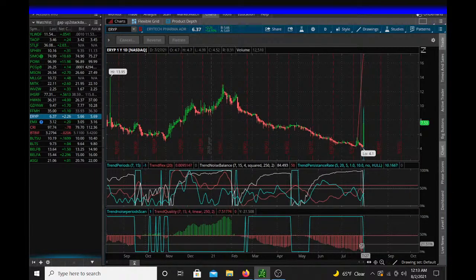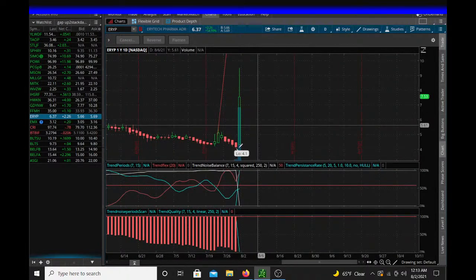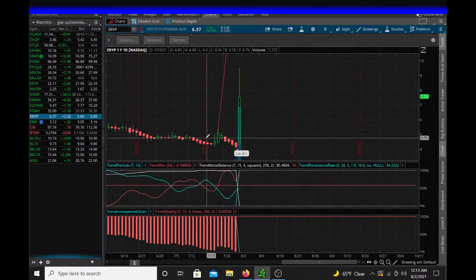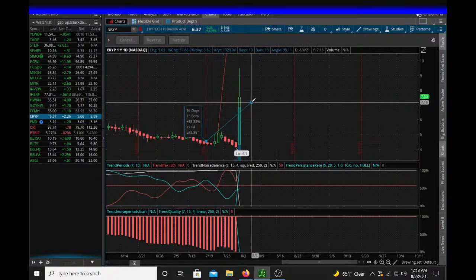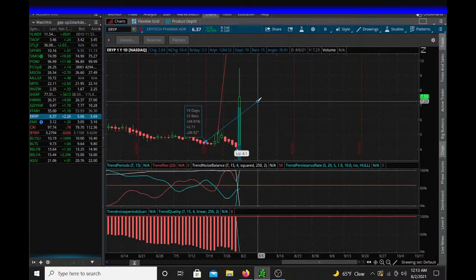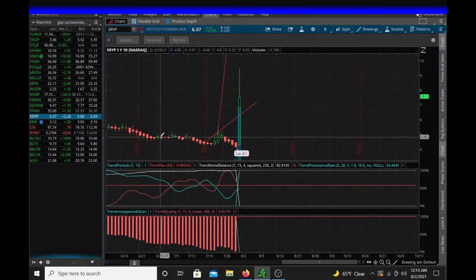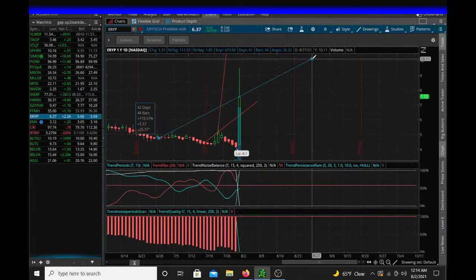So the second this dropped below there, this spiked in price. Wow. But we can see here, check that trend line there. That was almost pretty predictable. And if it wasn't predictable from that one, it was predictable from this one. How about that? Look where that went through.